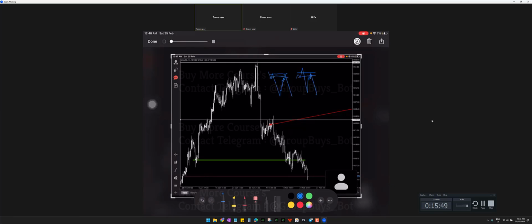For example, this one is a breakout buy, then it breaks, and then it turns. What do we call this pattern?